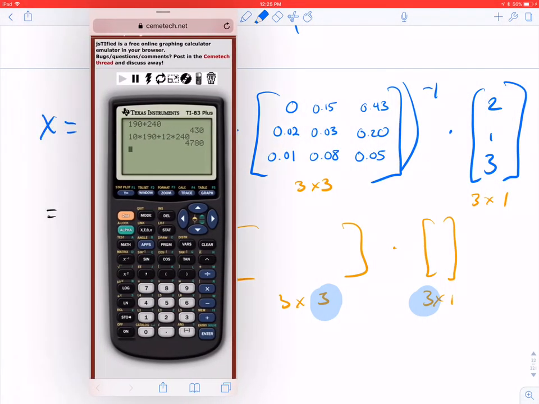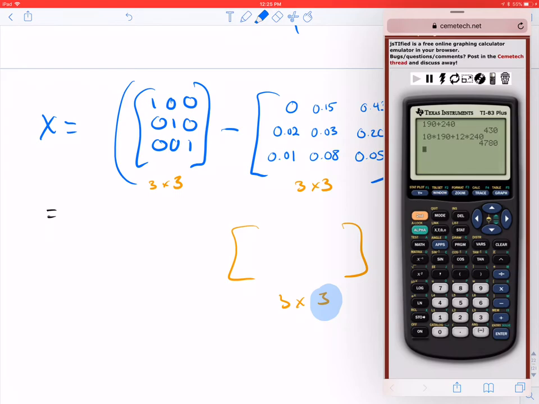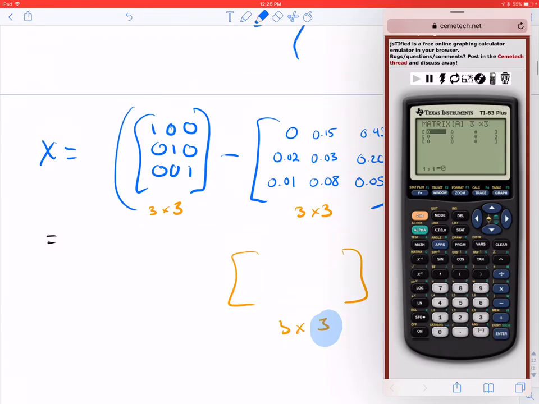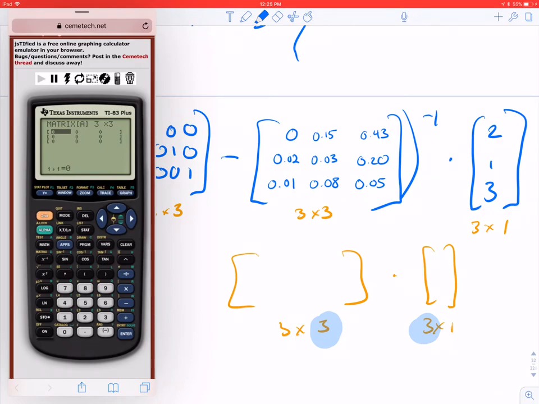So then what I'm going to do in my calculator, I'm going to go to my matrix, right? I'm going to go to edit for my matrix A, which is a 3 by 3. My 3 by 3, I have 0, 0.15, 0.43. Now, this is probably the hardest part, is typing in the calculator for this. Because if you make a mistake, or if you don't have a graphing calculator, that can get kind of dicey too.